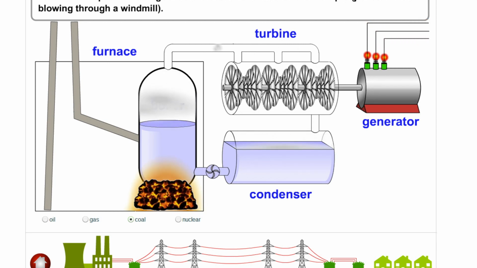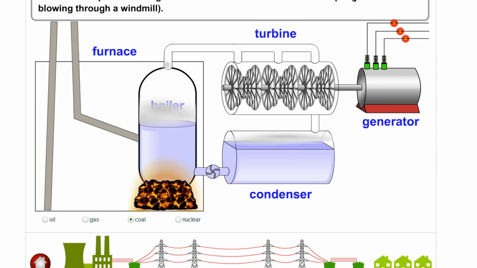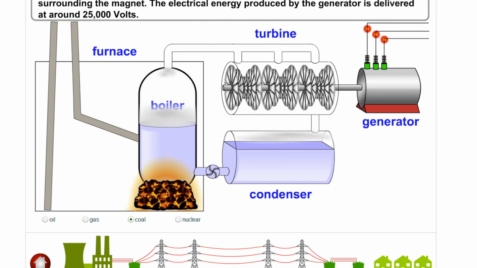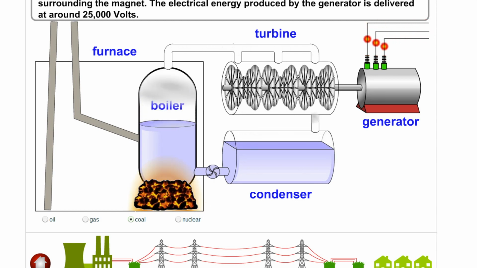The turbine, high pressure steam travels from the boiler through pipes to the turbine. As the steam passes through the turbine blades, it causes them to spin, just like wind blowing through a windmill. The generator, a shaft connected to the turbine, spins a powerful magnet inside the generator. The rotating magnetic field generates an electric current in the coils of wire surrounding the magnet.